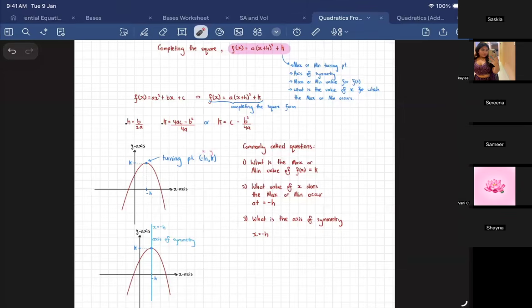Now, Serena, inside this bracket I have terms and I'm squaring the terms, you see that, right? Now, if it's a maximum graph, what would a be? A positive number or a negative number? A negative number. So you'd have a negative number over here, and inside you would have some terms that would be squared.